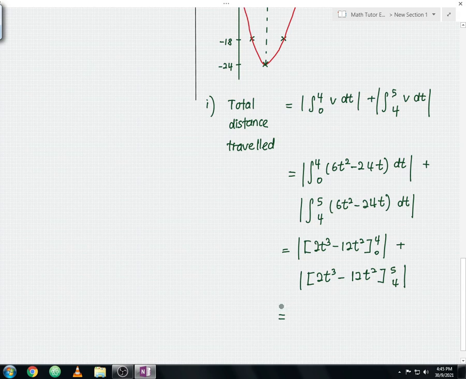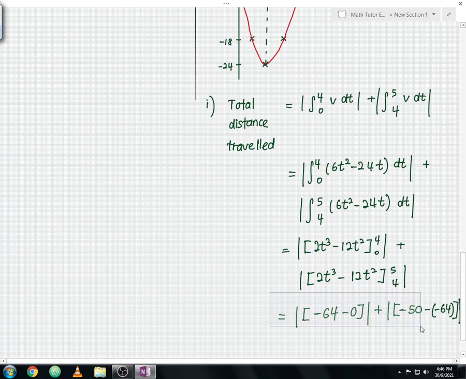So from that substitution you should get modulus of square bracket negative 64 minus 0, close square bracket and close modulus, plus modulus of square bracket negative 50 minus negative 64, close bracket, close square bracket and close modulus.